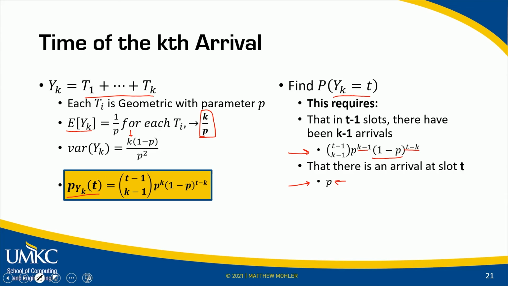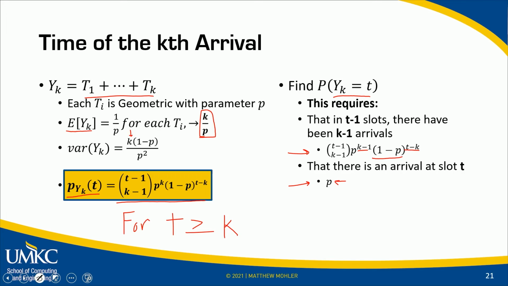Now, one of the things that's important to recognize here is that this is only for t greater than or equal to k. Now, to put that in different terms, we're saying that we have to have had at least k slots in order for this equation to hold.